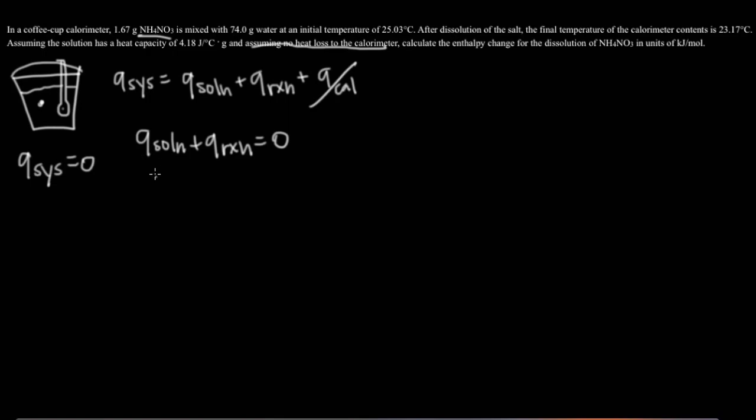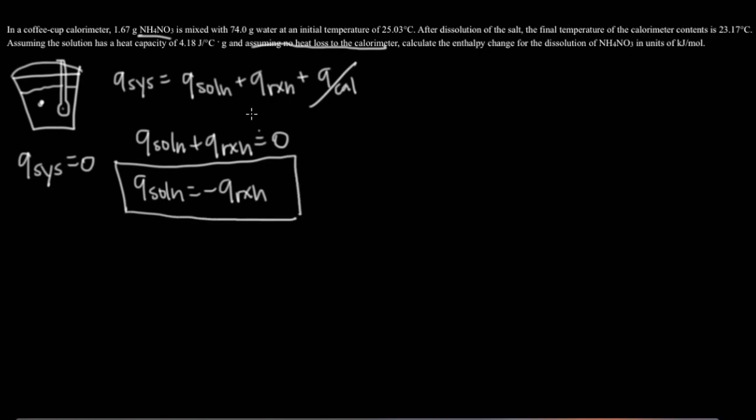And from this, we can see that Q solution equals negative Q reaction. So to find the heat of reaction of the NH4NO3 dissolving in the liquid, we can basically just take the negative of our Q solution value, which we can calculate using the values we have for water and NH4NO3.